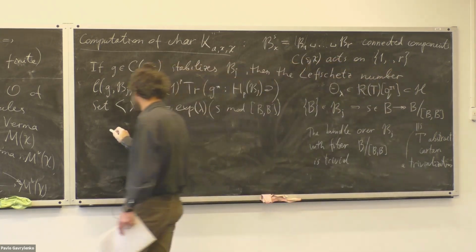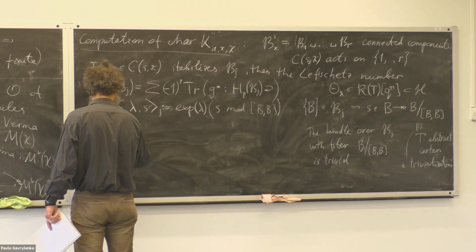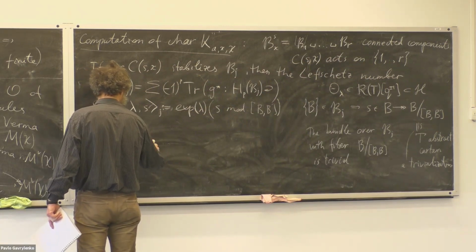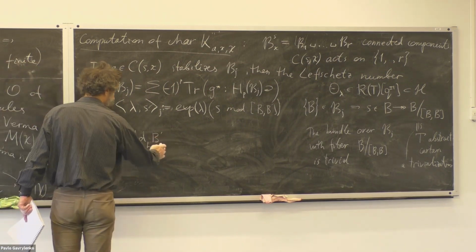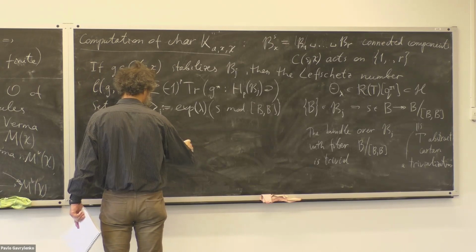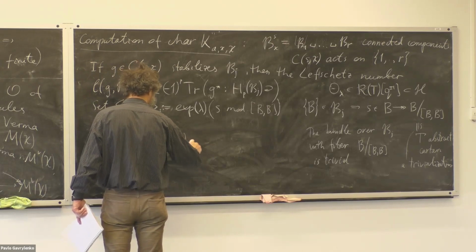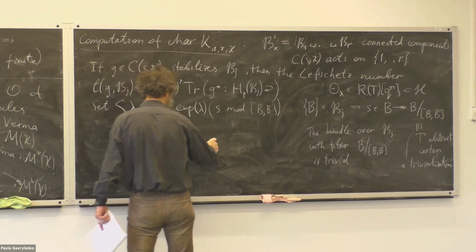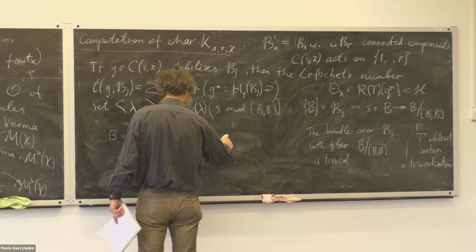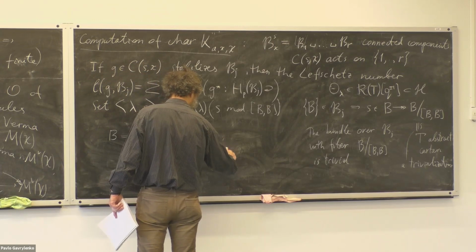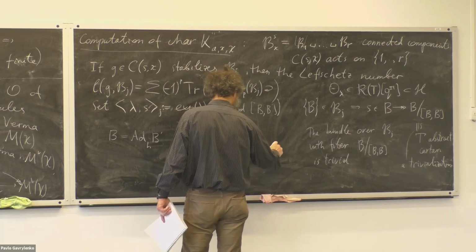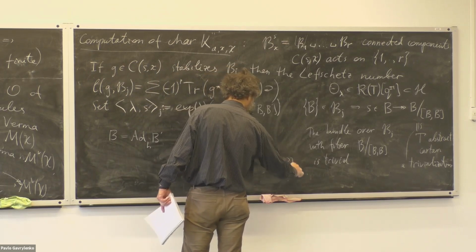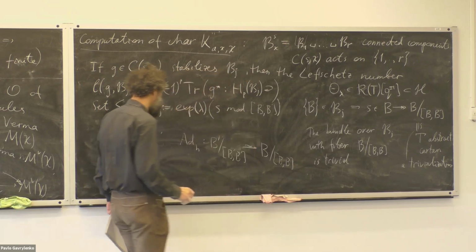so if B is the adjoint action of some H on B prime, then somehow the adjoint action of H from B prime modulo the commutant to B modulo its commutant is this isomorphism.